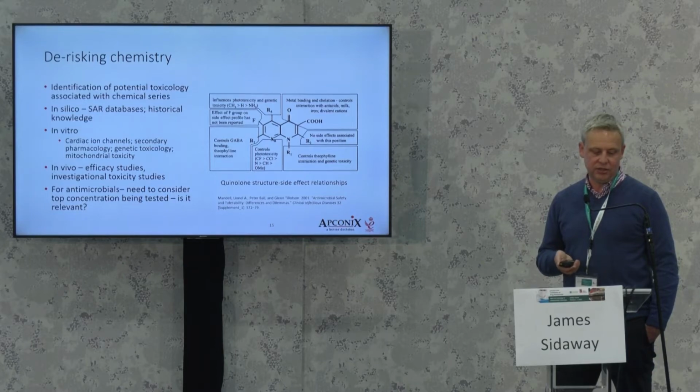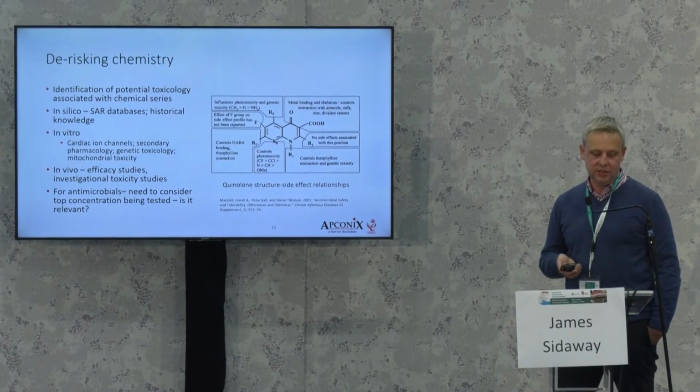In terms of in vitro screens, as I've already mentioned, you may use screening against cardiac ion channels, particularly the hERG ion channel, secondary pharmacology, genetic toxicology, mitochondrial toxicity. We then head towards the animal studies.